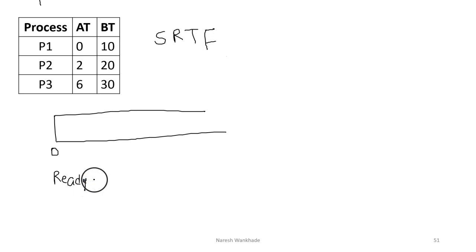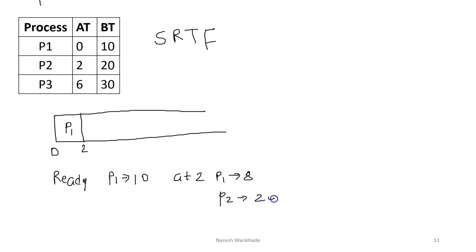So at 0, the ready queue will have process P1 which requires 10 units to complete. So process P1 will hold the CPU for 2 time units. It means at 2, process P1, which is the running process, requires 8 units to complete. Process P2 requires 20 units to complete.